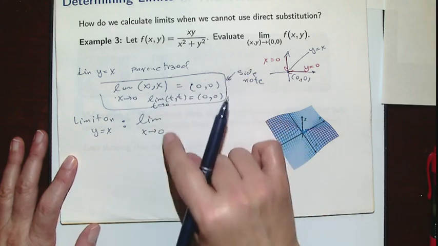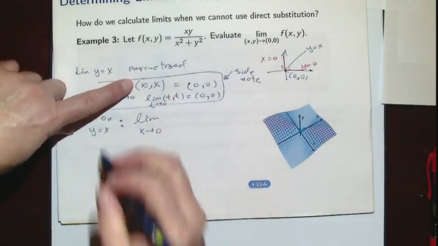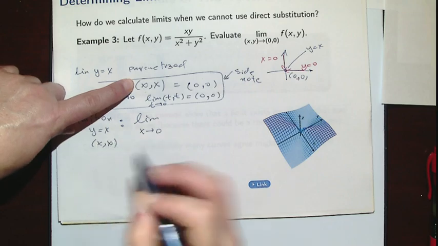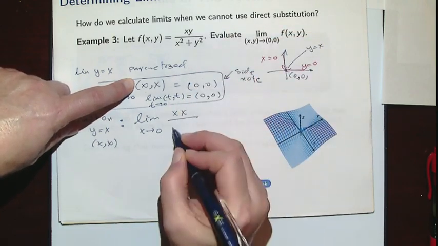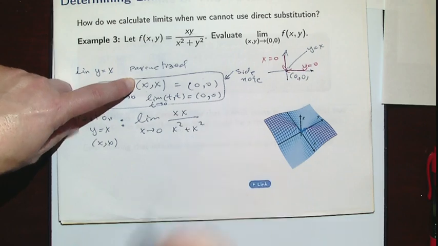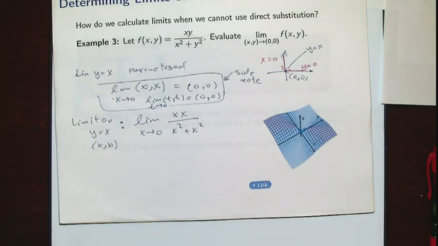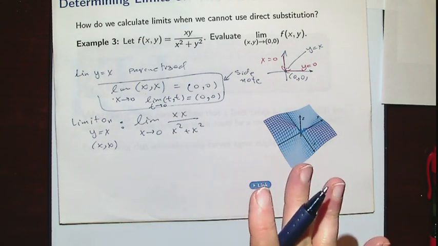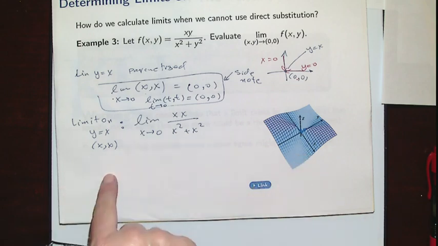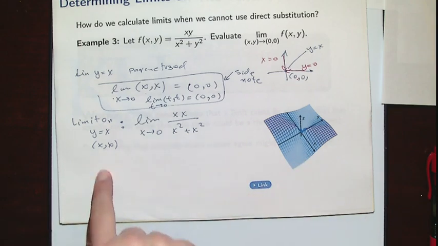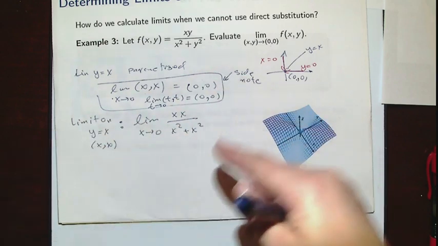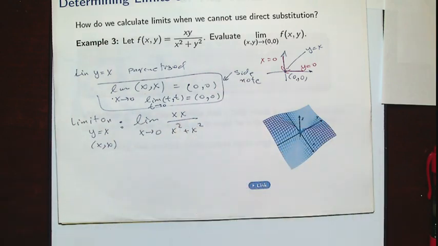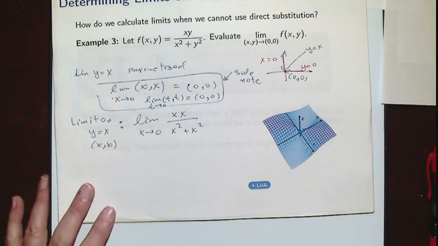So now, this is a parameterized curve. For x, I'm plugging in x. For y, I'm plugging in x. x squared plus x squared. Everybody okay so far? I chose a parameterized curve, and because y was x, I plugged in y equal to x, and x was x also.